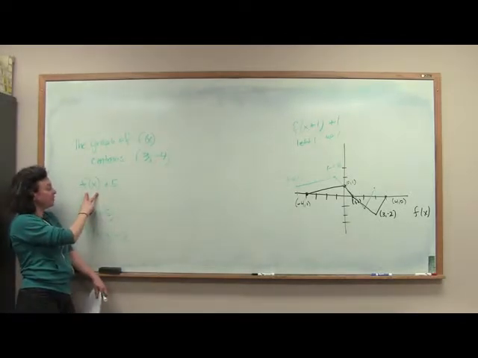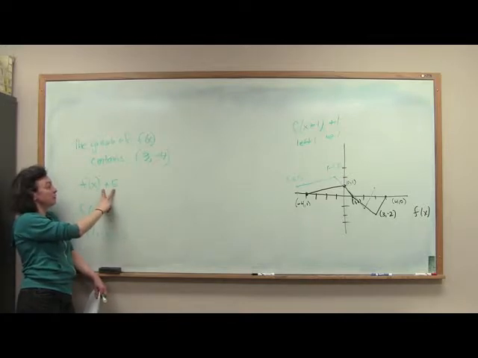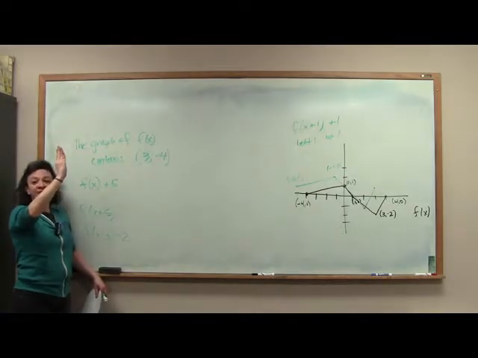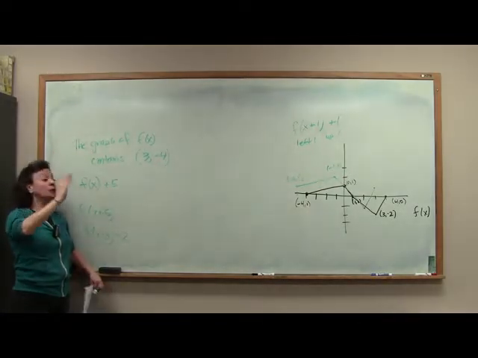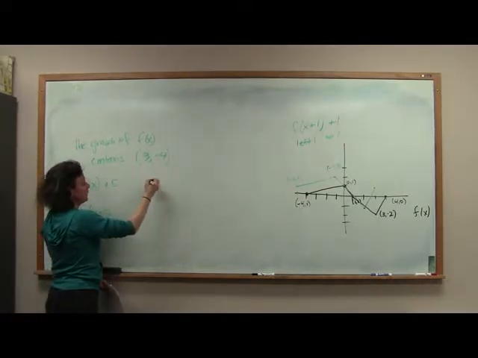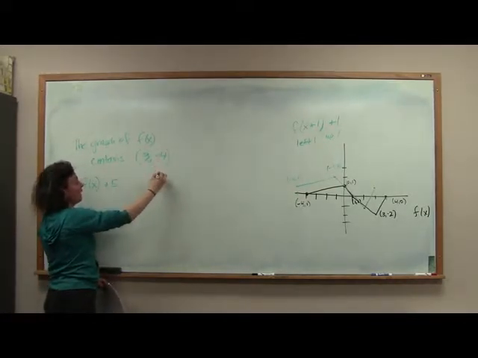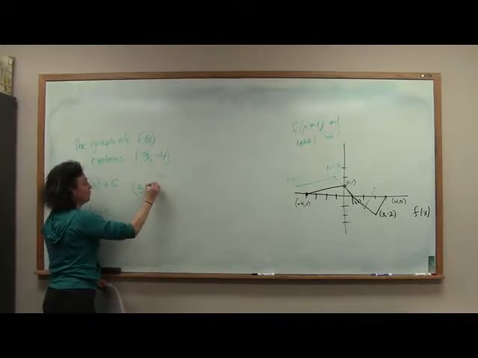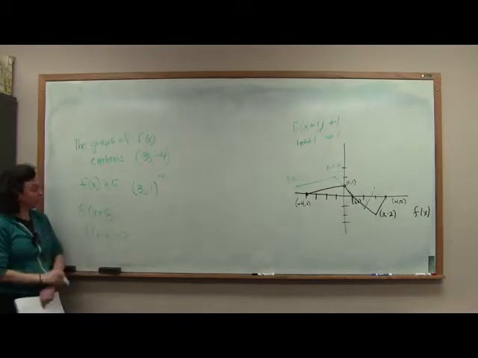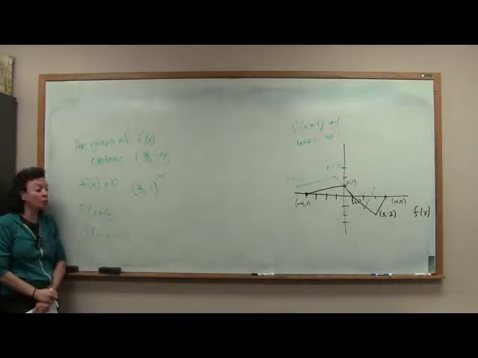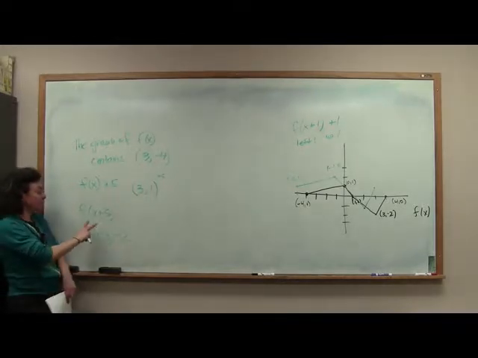Notice, this tells us that we're moving our graph up 5 units. Okay, if we're moving it up, our x value is not changing. That only affects our y value. So what you're doing is essentially adding 5 to that -4, and I claim you're going to get 3, 1. So notice this just changed our y value. Okay?